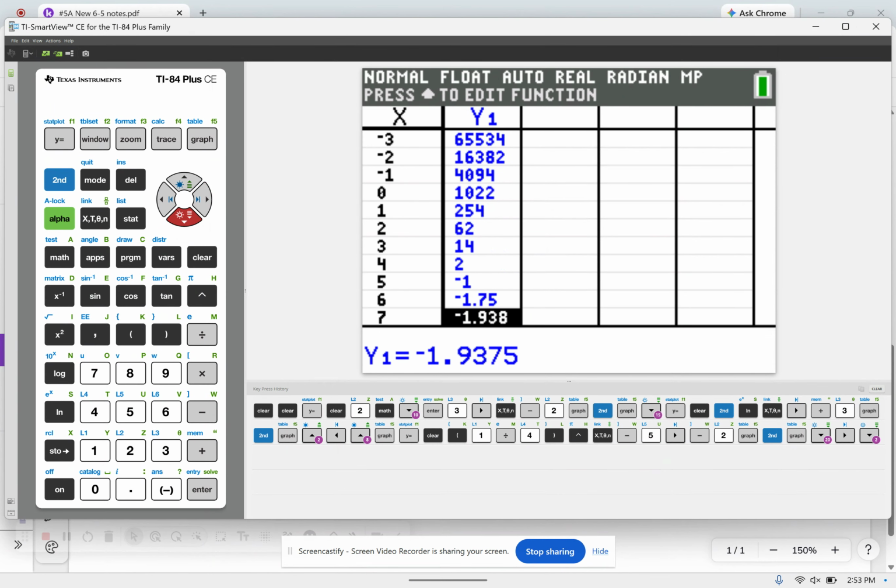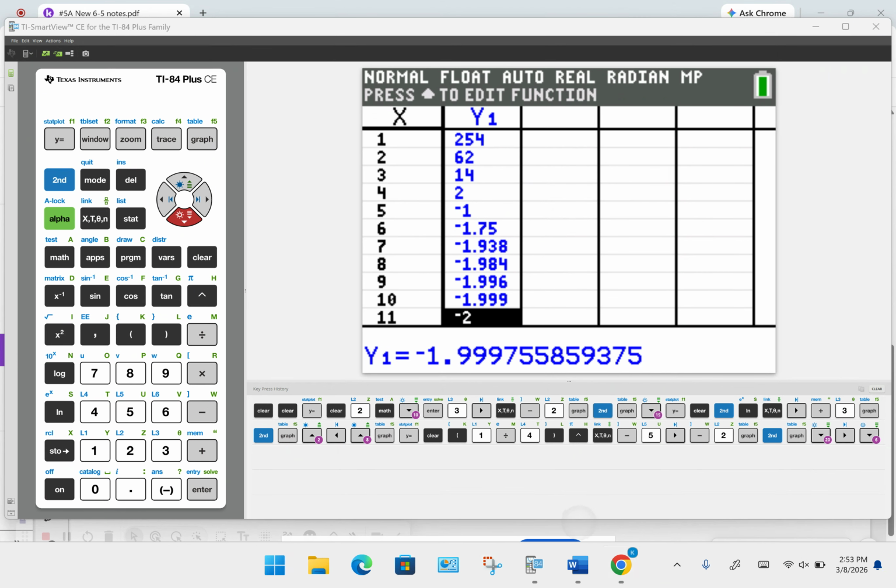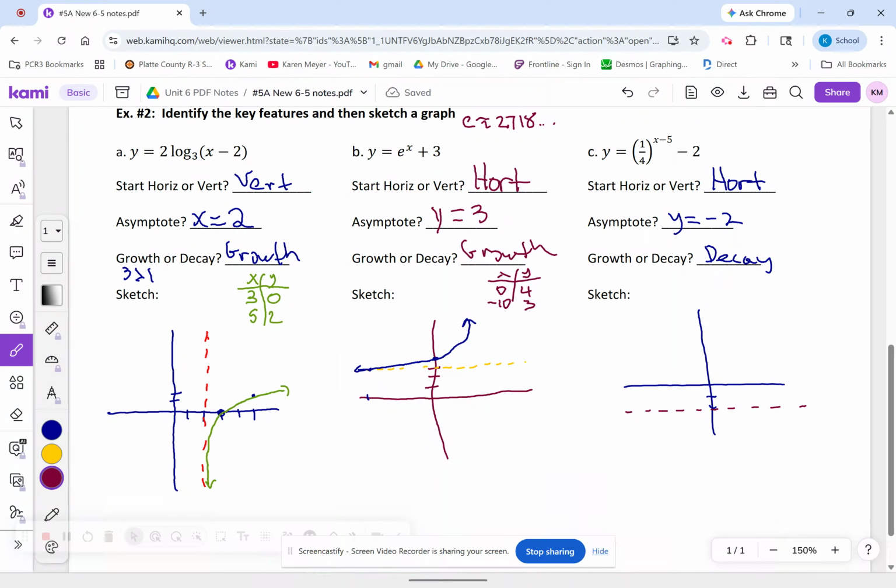And then we can come down here, and it basically looks like probably I can do (4, 2) and (5, -1). So (4, 2) and (5, -1). Okay, so 1, 2, 1, 2, 3, 4, and then 1, 2, and then (5, -1).